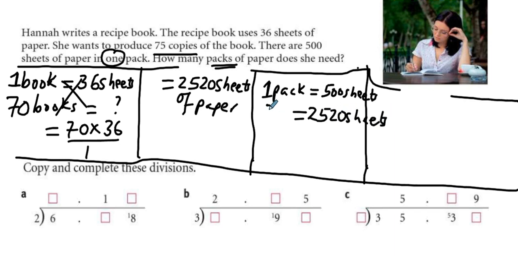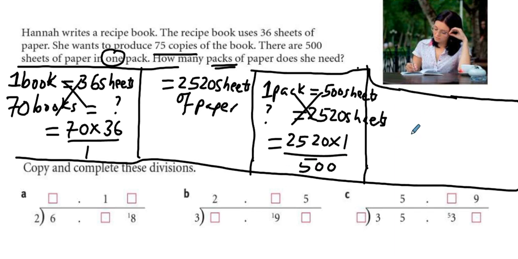This will have how many packs? Well, this is the question. How many packs of paper does she need? So cross multiply: 2520 multiplied by 1, divide by 500 to give you how many packs are there.